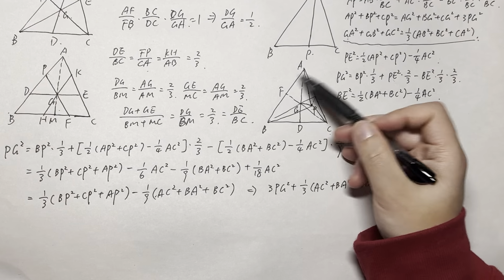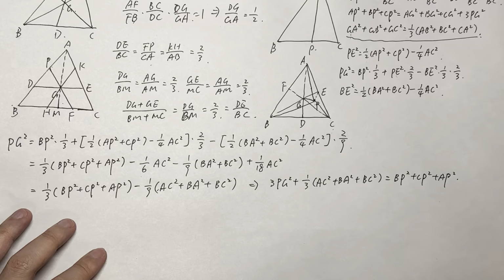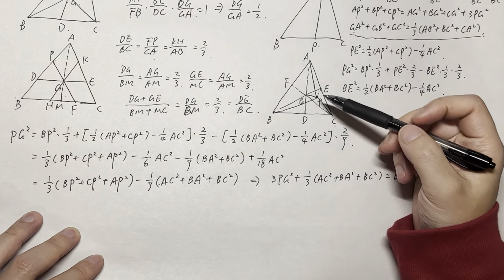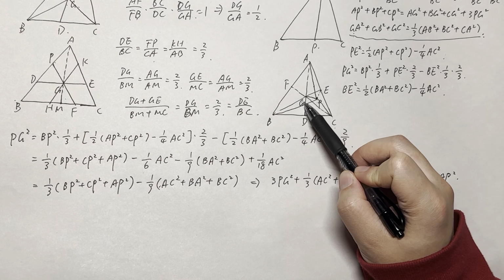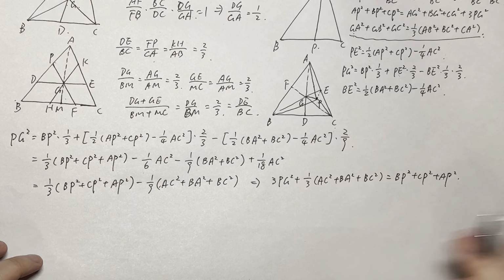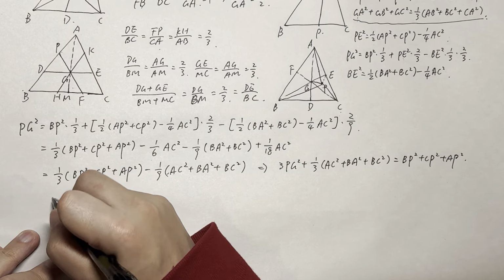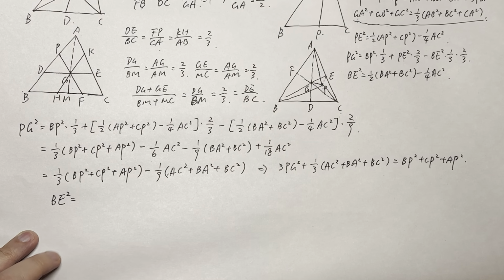So let's look at here. For BG squared, BE squared we already have, right?